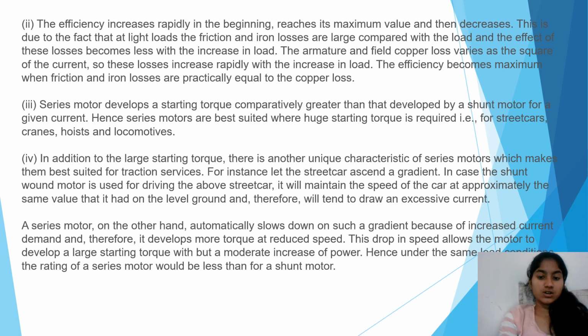A series motor, on the other hand, automatically slows down on such a gradient because of increased current demand, and therefore it develops more torque at reduced speed. This drop in speed allows the motor to develop a large starting torque with but a moderate increase of power. Hence, under the same load conditions, the rating of a series motor would be less than for a shunt motor.